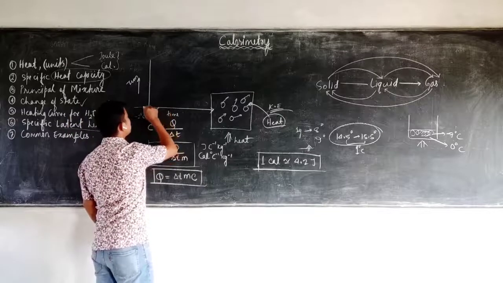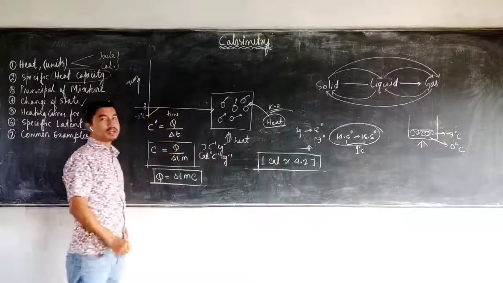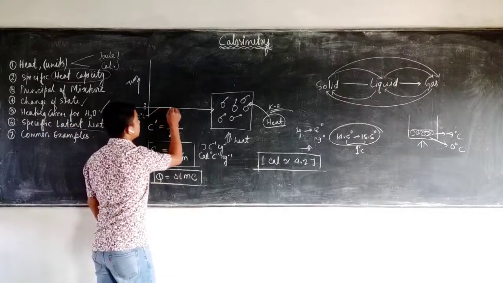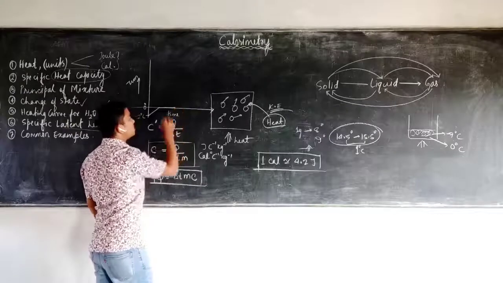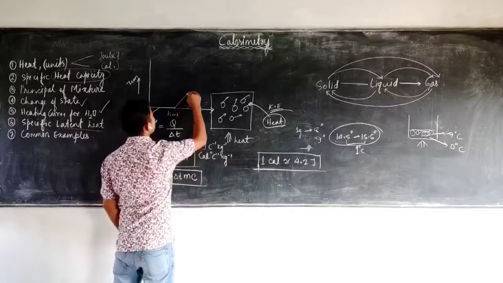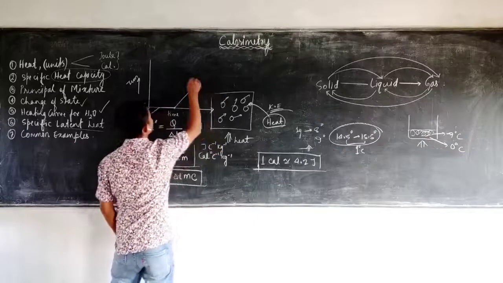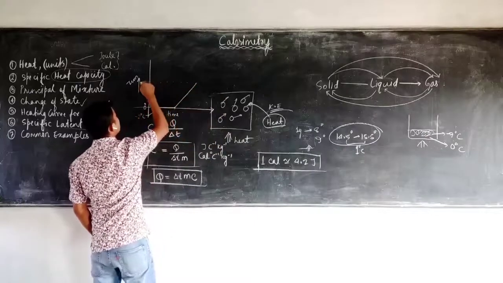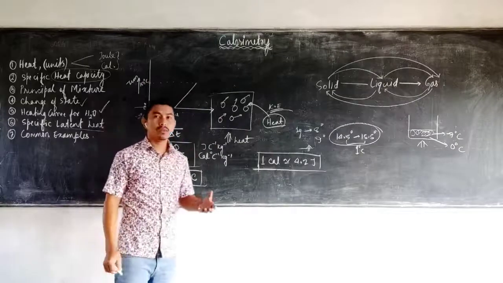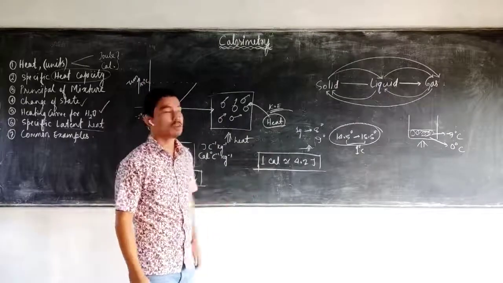And then at 0 degrees centigrade, what happens? The melting occurs. Now, when the melting occurs, the temperature will remain constant. Once all the ice changes into the water, the temperature starts rising again, where it will rise up to 100 degree centigrade. Now at 100 degree centigrade, the liquid or the water starts changing into the vapor.